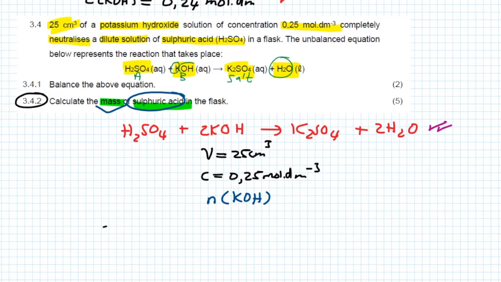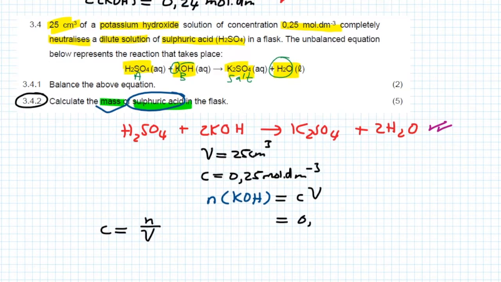So concentration is equal to number of moles divided by volume. Therefore, the number of moles of potassium hydroxide is going to be equal to its concentration multiplied by its volume. The volume must be substituted into the formula in decimeters cubed.